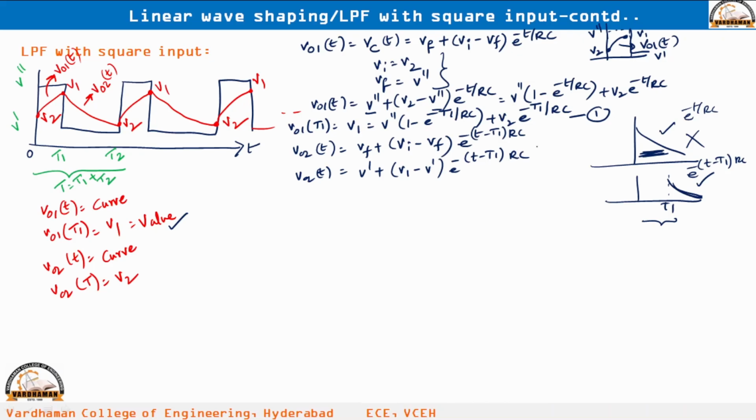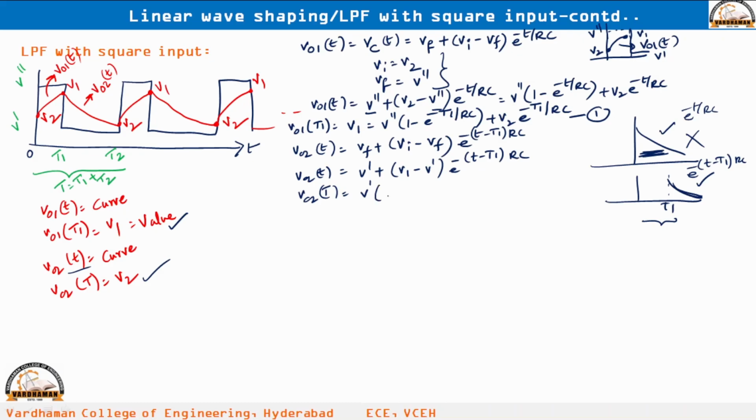So, V1 minus V dash, the final value, multiplied with e power minus of t minus T1 by RC. As I said previously, in this particular equation V02 of t, if you take t equal to capital T, you will get V2. V2 is the voltage level of the output at t equal to capital T. So, V02 of capital T is equal to V dash, here you can take V dash common also.